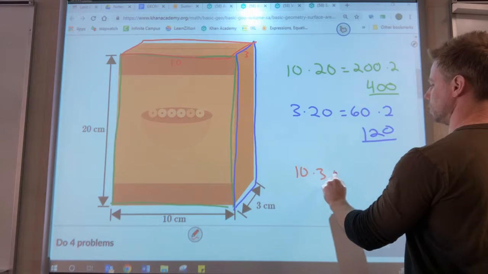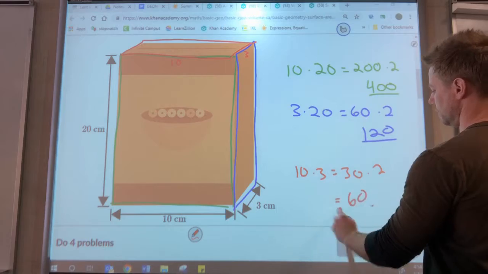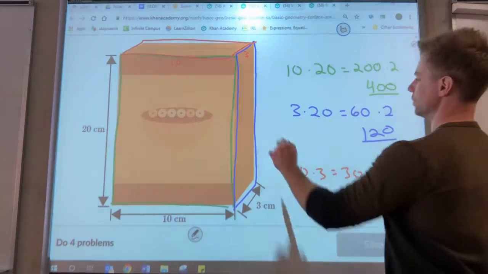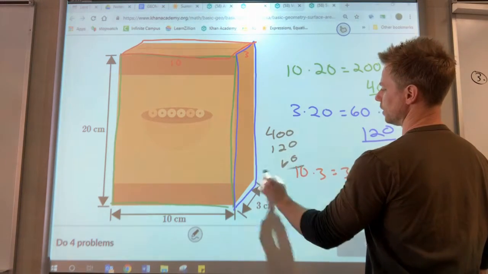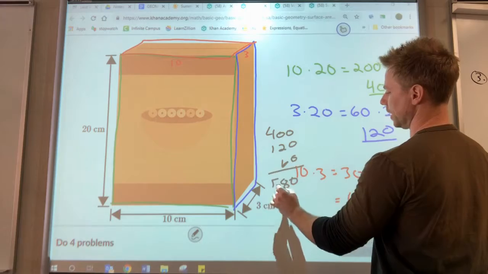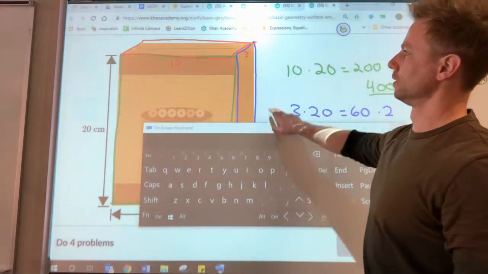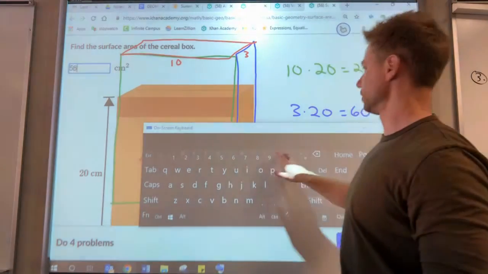So 10 times 3 is 30. There's 2 of those. That gives us 60. So now we need to add all these together. We have 400, 120, and 60. Makes 580. So our surface area is 580 square centimeters.